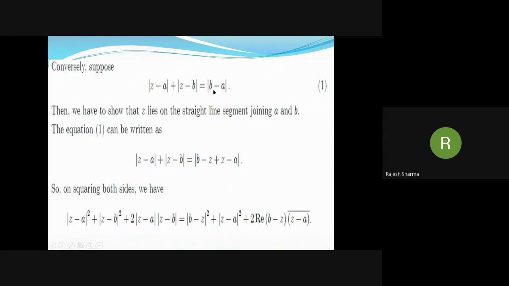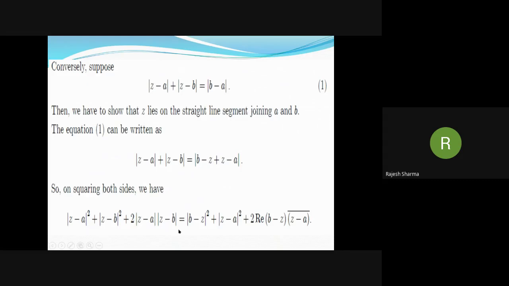Conversely, suppose Z satisfies this equation. Then we have to show that Z lies on the straight line segment joining A and B. Now this equation 1 can be written by subtracting Z and adding Z, so the right hand side can be written like this. Now squaring both sides, this is just a real number.